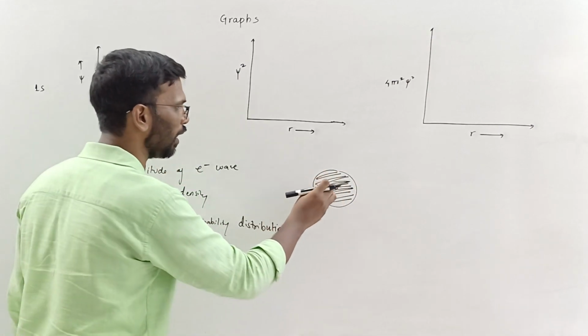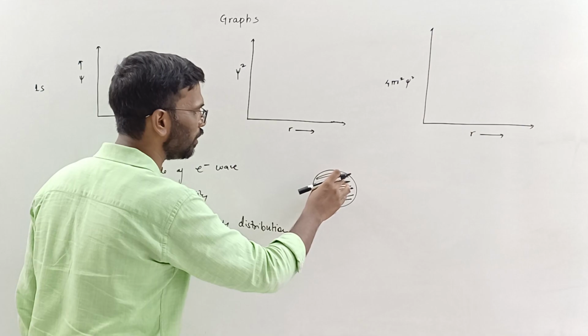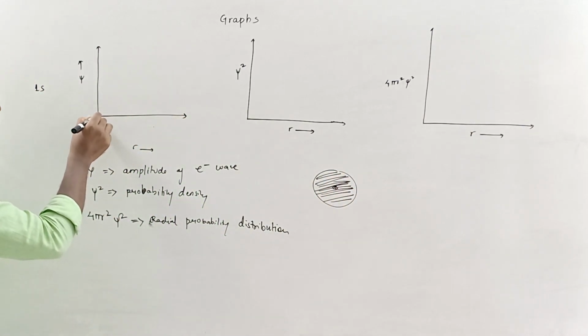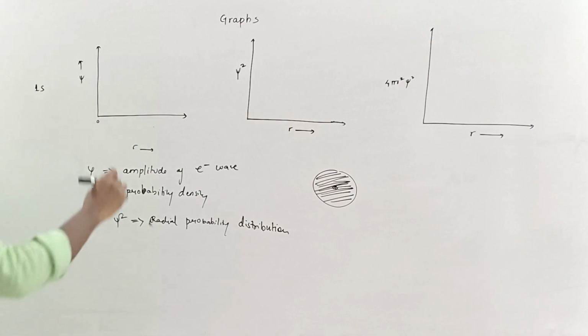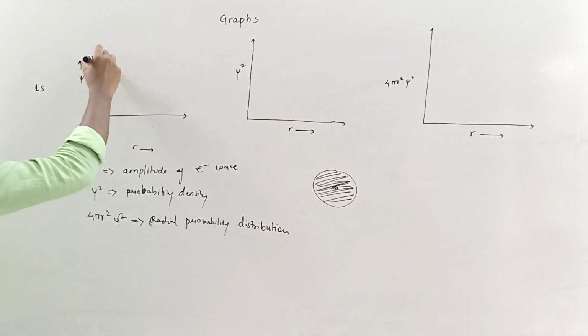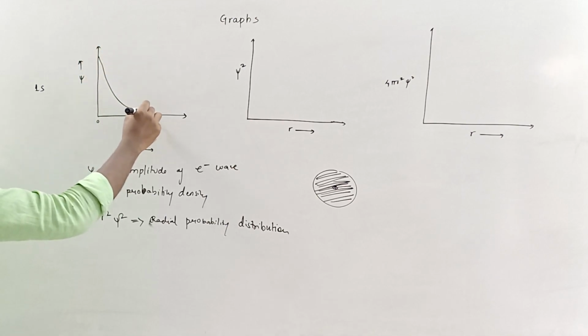The density is very high and it is decreasing. So at the nucleus, this will be a maximum, and as you go away from the nucleus, it will fall.